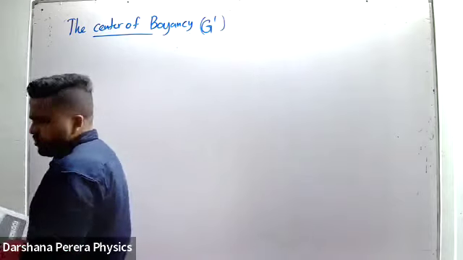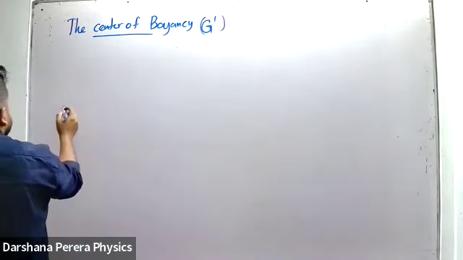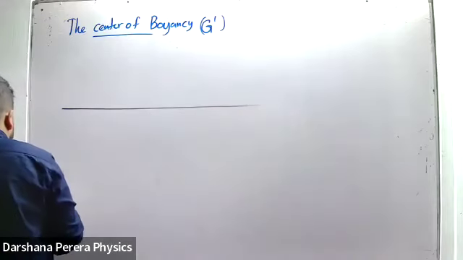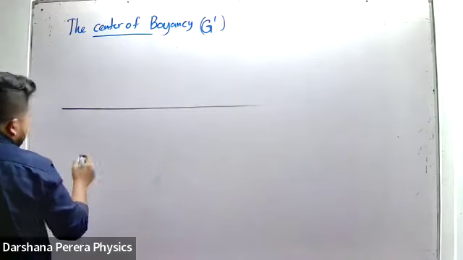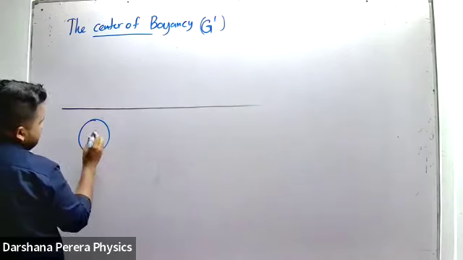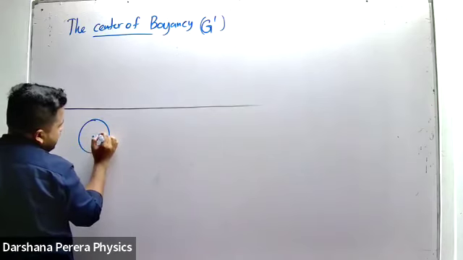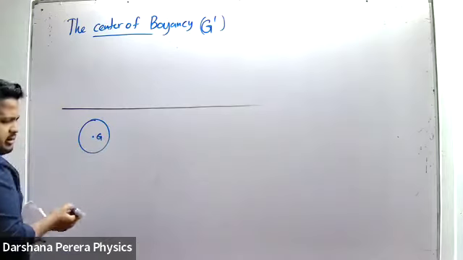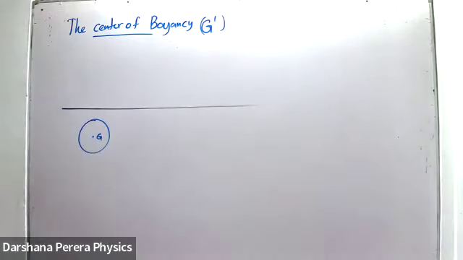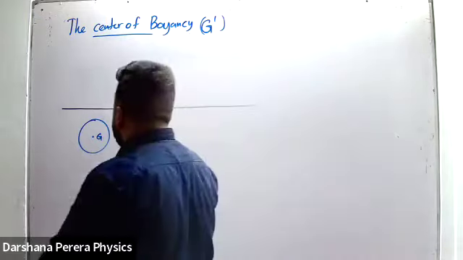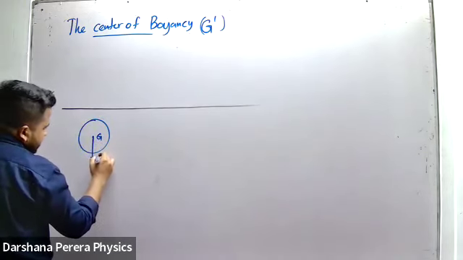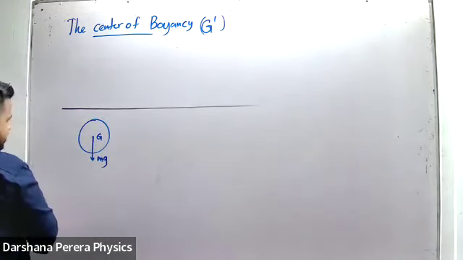Okay. When an object is completely submerged, we can identify the center of buoyancy. When an object is completely submerged in water, I take a spherical shaped object. The G here is the center of gravity, a point through which the weight acts.